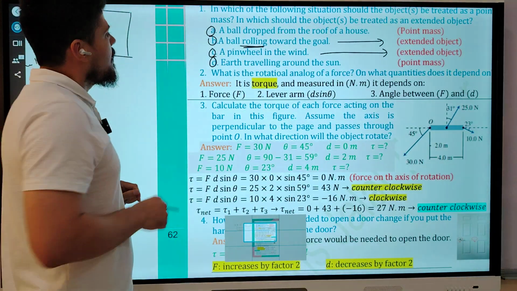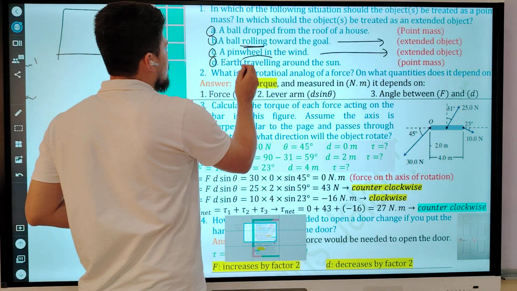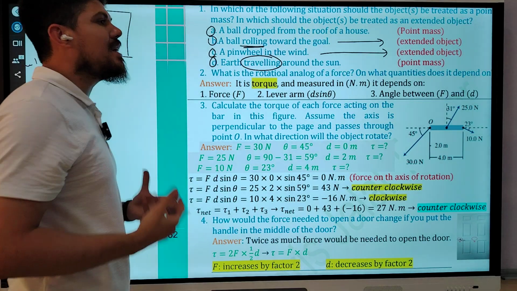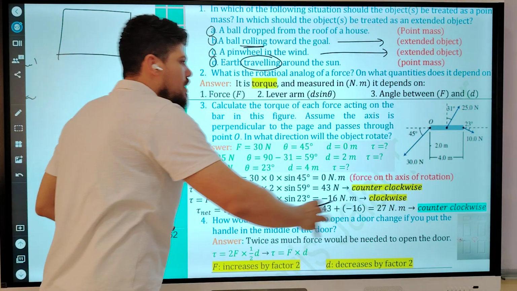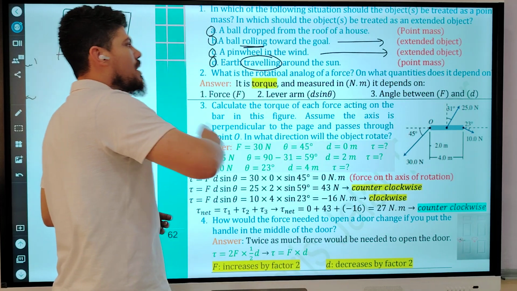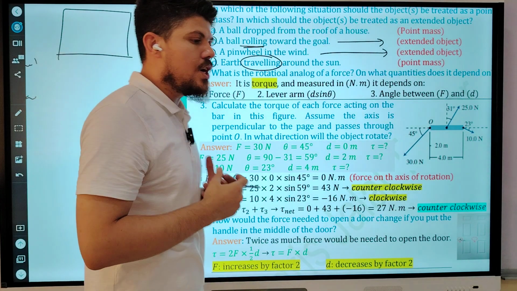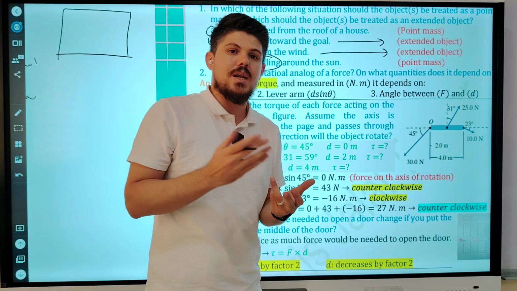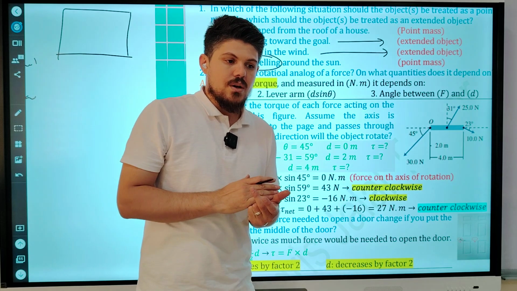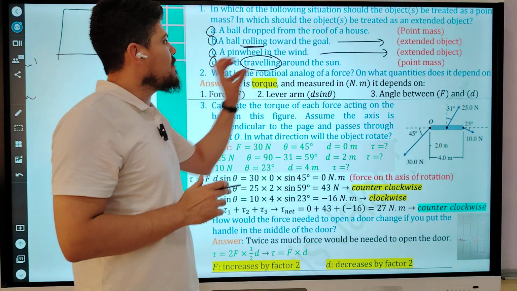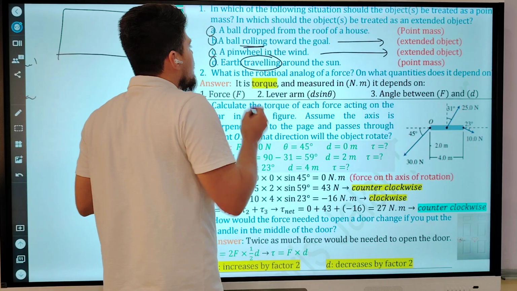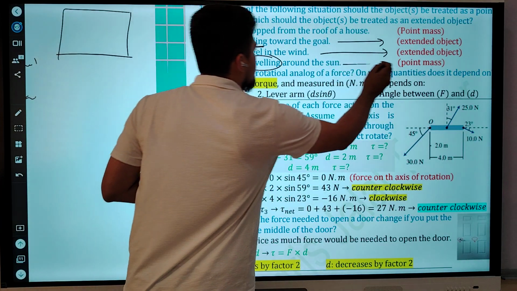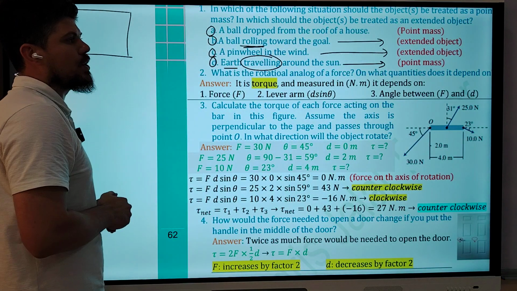Branch D, earth traveling. Because the question says traveling, it describes the orbiting of earth around the sun. You know that earth has both types, rotation and translation. Because the question says traveling around the sun, we have to ignore the rotation, so the earth is a point mass.